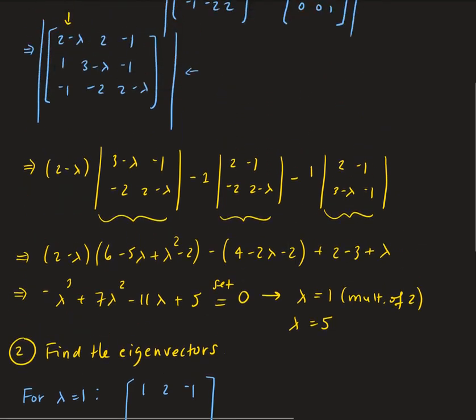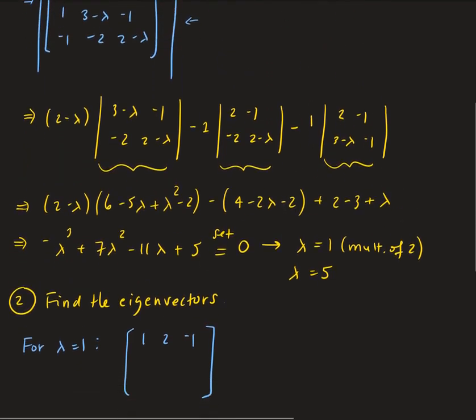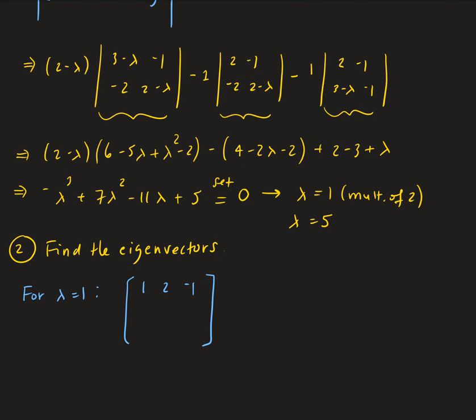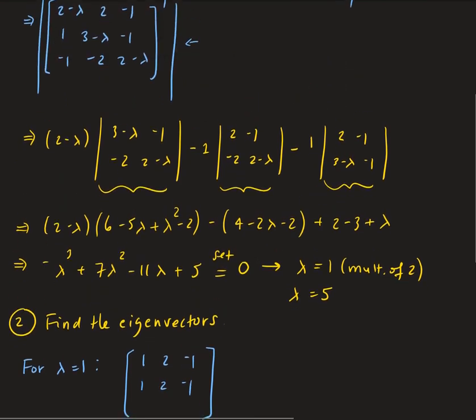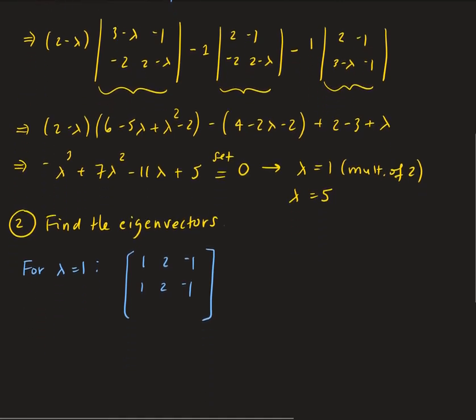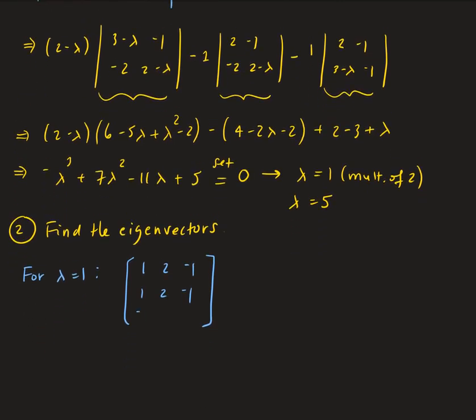And then we're going to get 1, 2, negative 1. And then negative 1, negative 2, and 1. So we want to find the null space for this.